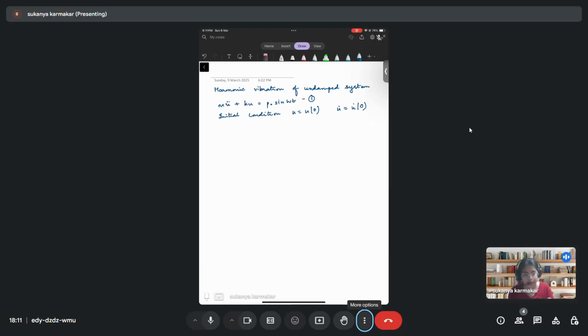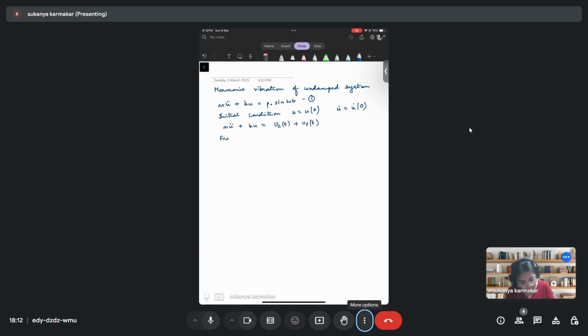For that it will have a particular solution. The equation m u double dot plus k u will have a complementary solution as well as a particular solution.